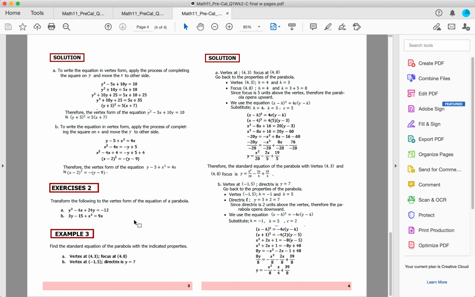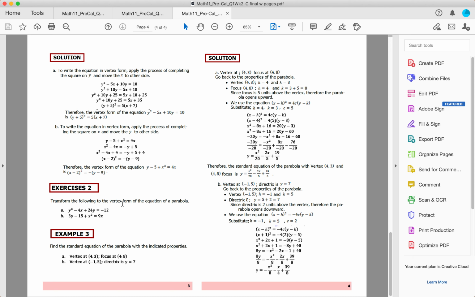On page 3, from standard form, we would want it to be in vertex form. So if it's in vertex form or in other forms, you could rewrite it to standard form. And at the same time, if it's in standard form or another form, it could be written also in vertex form.